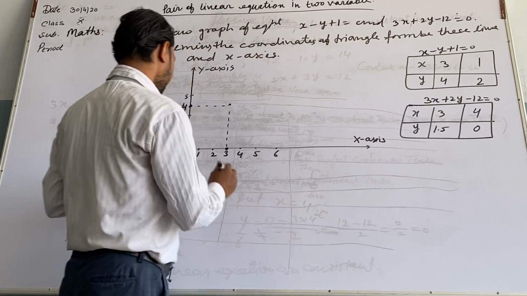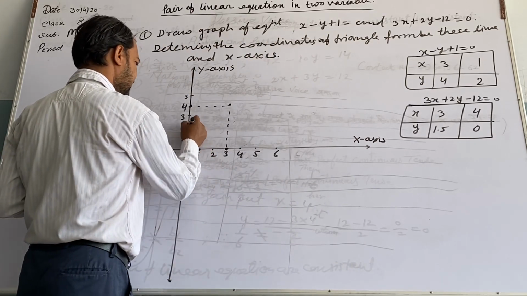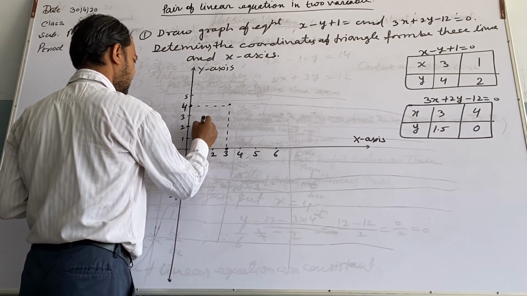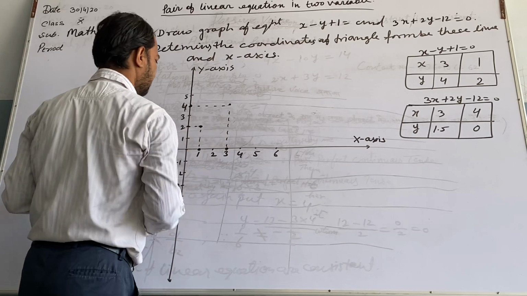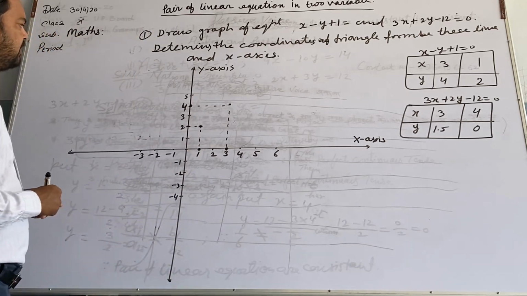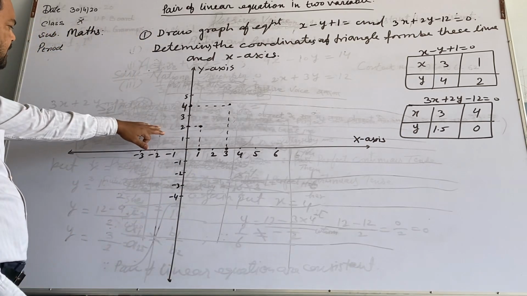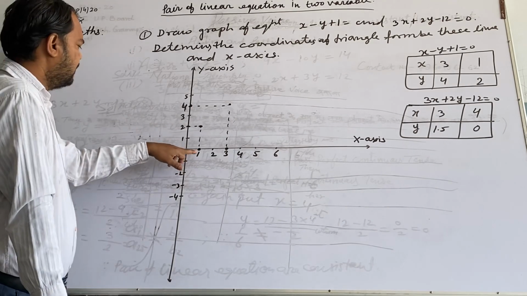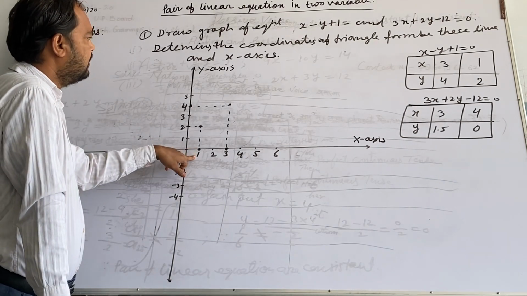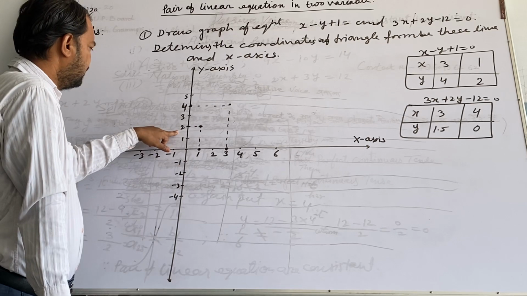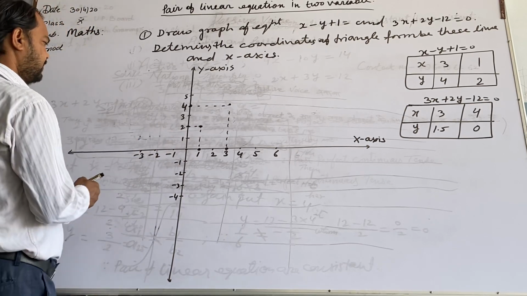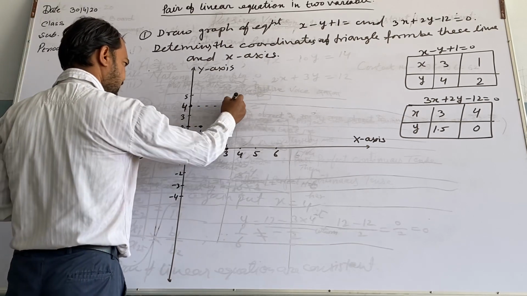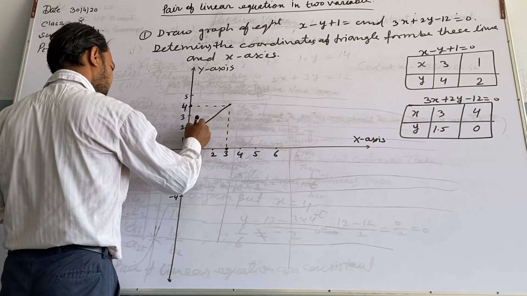Where is x is 1? x is 1 here, y is 2 here. This will meet at this point. Right? When you draw it on your graph paper, you will find it like this. x is 1, y is 2. This, when you draw the graph, will be like this.